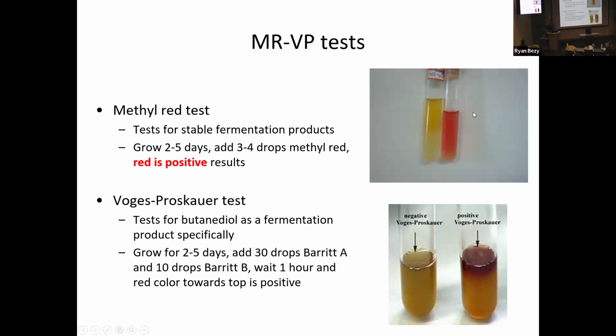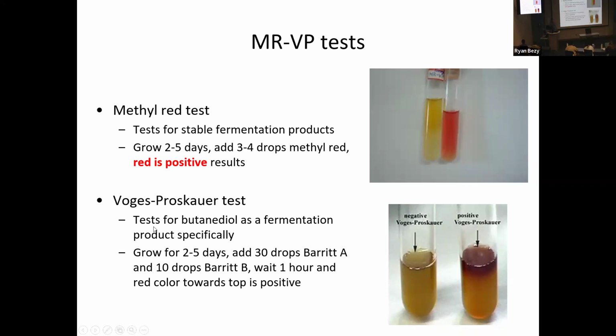And so for the methyl red test, you add a pH indicator after the culture has been growing for about 5 days or so. And if it turns color, then it is a positive result for those stable fermentation products. However, methyl red is actually yellow under neutral conditions and then red under acidic conditions. It's a different pH indicator. So for the methyl red test, red is positive instead of yellow.